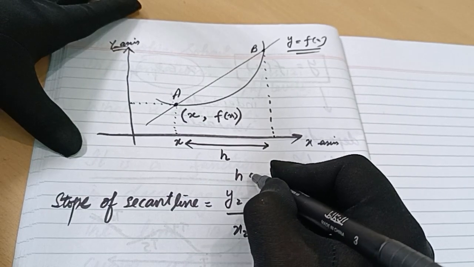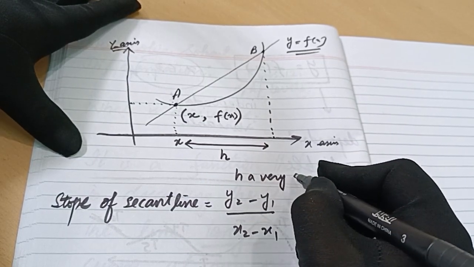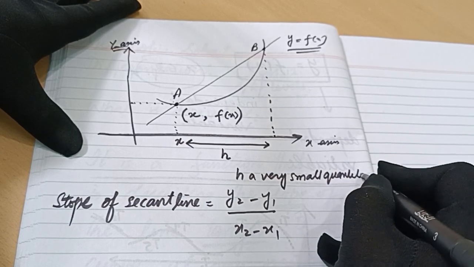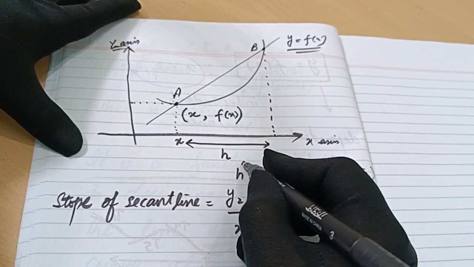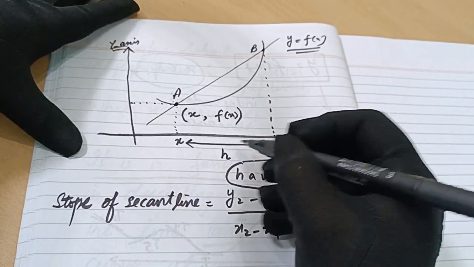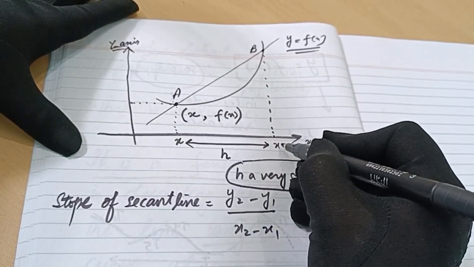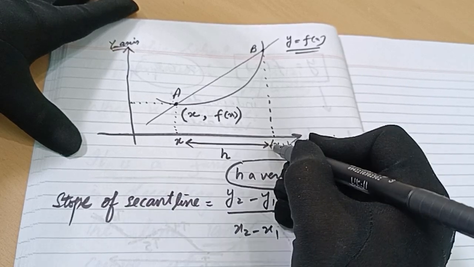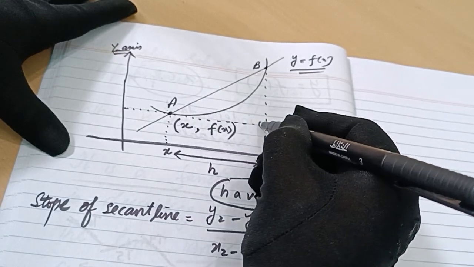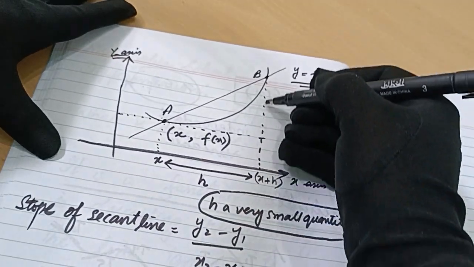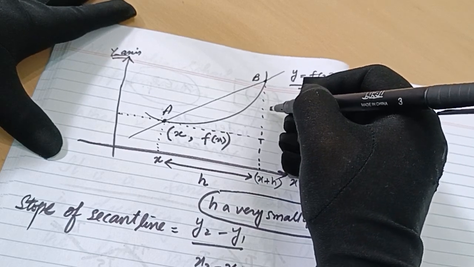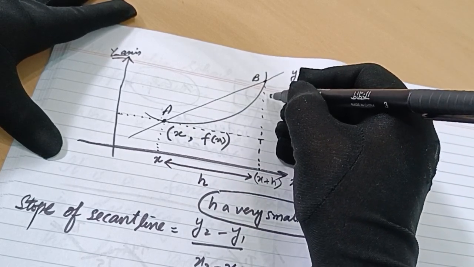What is h? A very, very small quantity. Okay. So here it is x, here it will become x plus h if I add this distance on the horizontal axis. Now here it was f of x, and I have taken this distance over here and here.